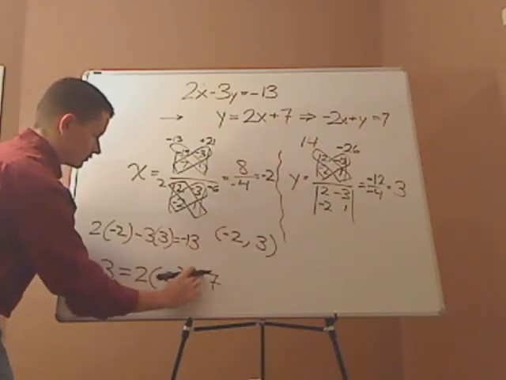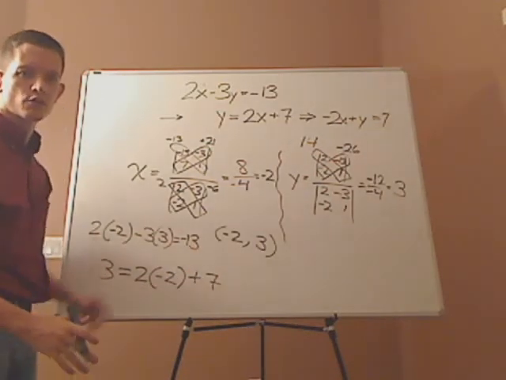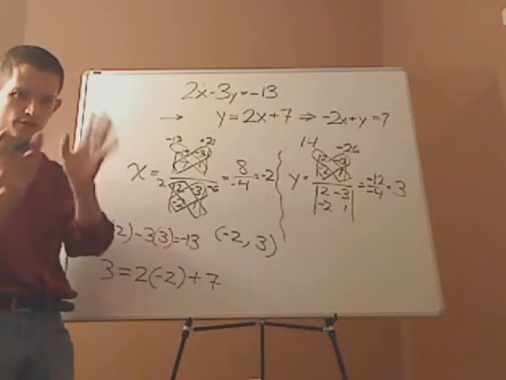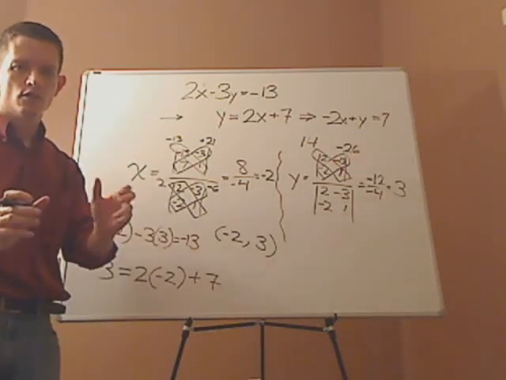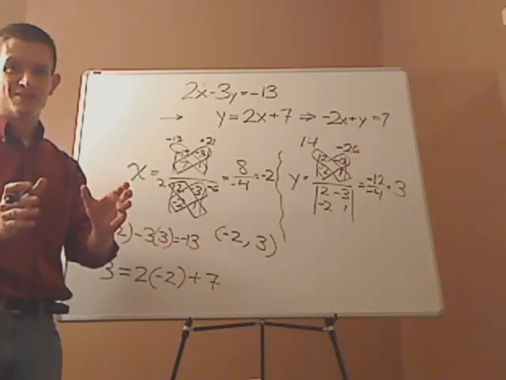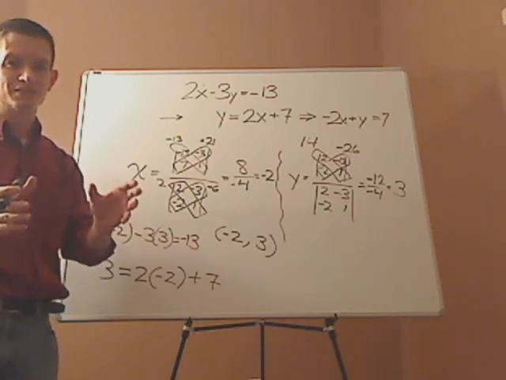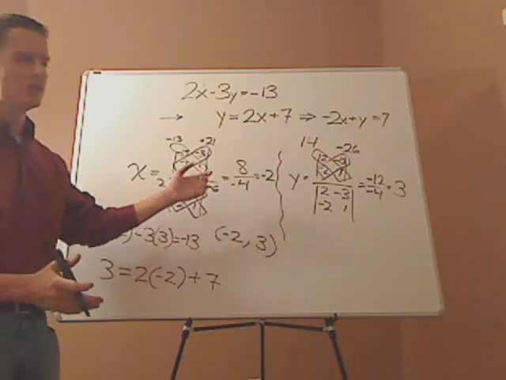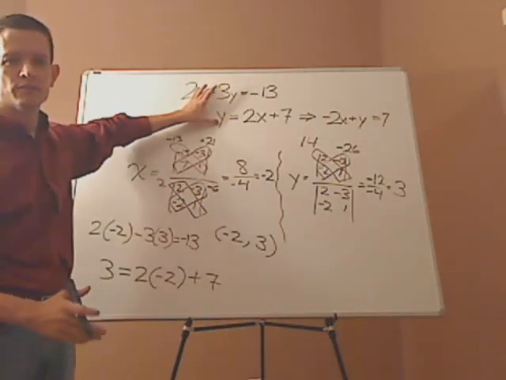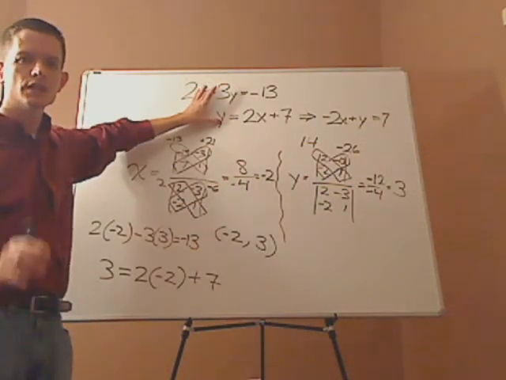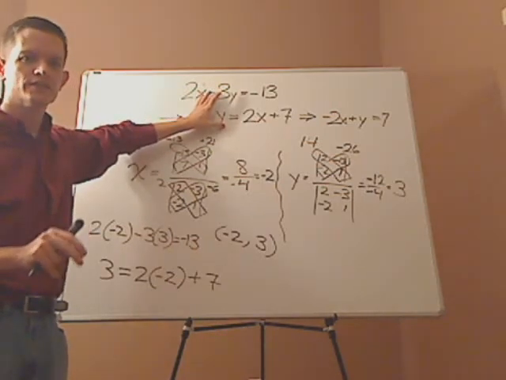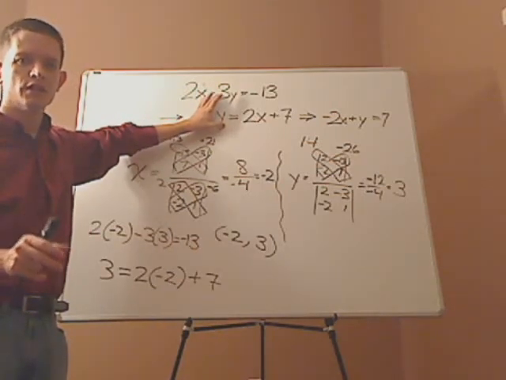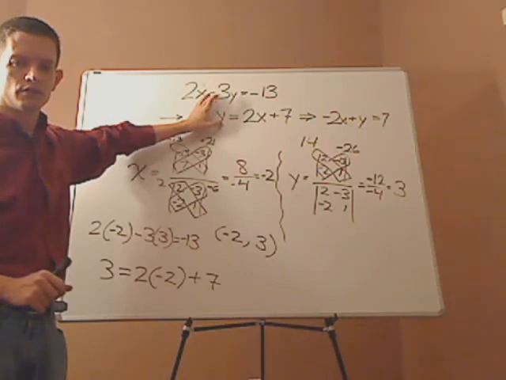Always plug it into the original equations, because when you're simplifying or moving things around and around, you might have made an algebraic mistake. If you did, that's going to affect the problem. So you always want to plug them into the originals. If they're true in both cases, therefore it's a solution and your work is correct.